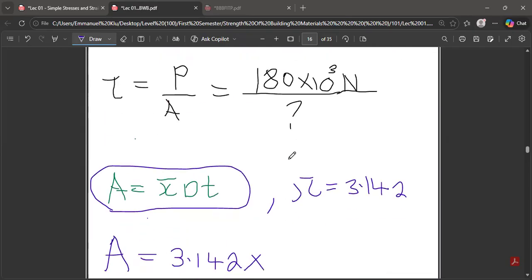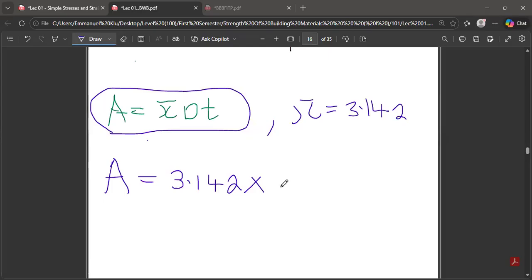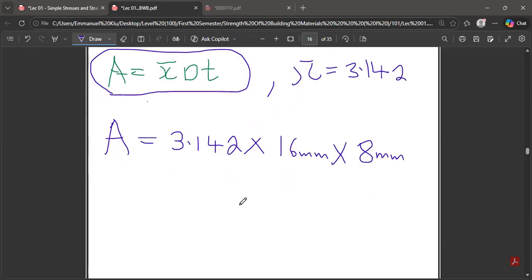So that is 16 millimeters times 8 millimeters. Someone should quickly punch this on the calculator and tell us the answer. The answer is 402.17.